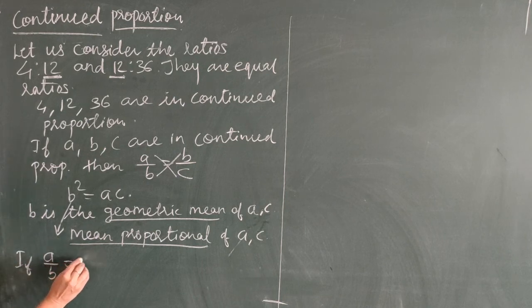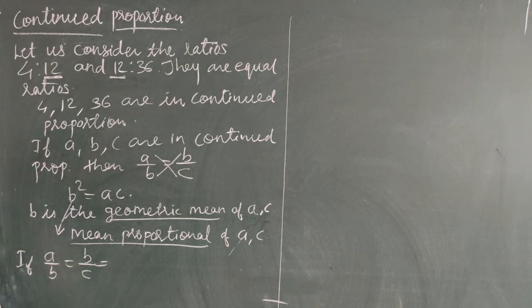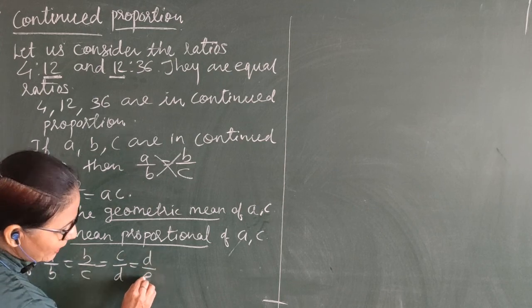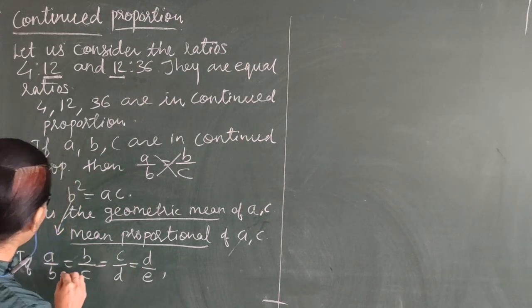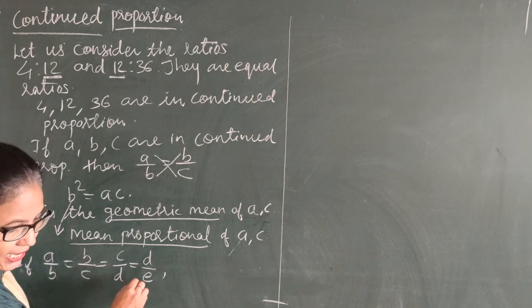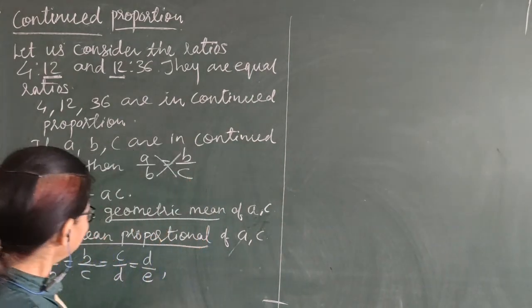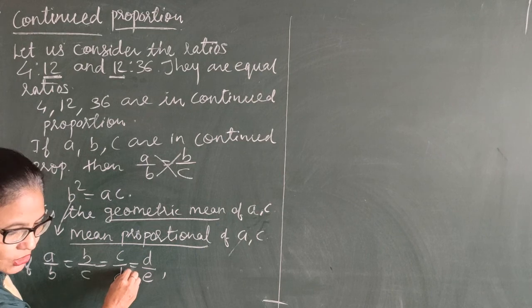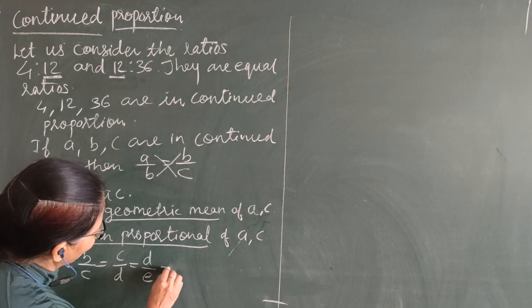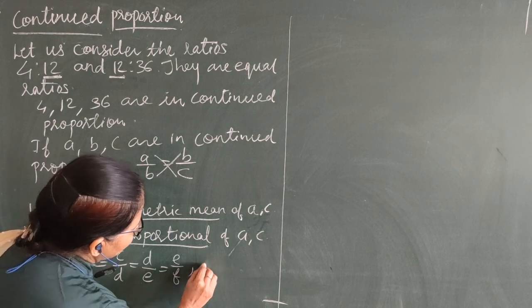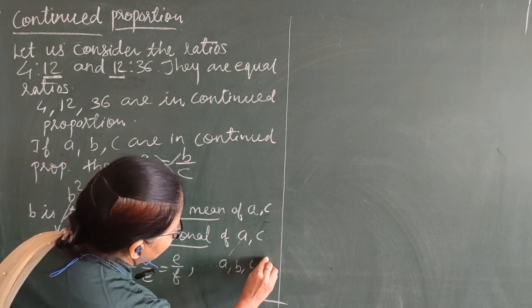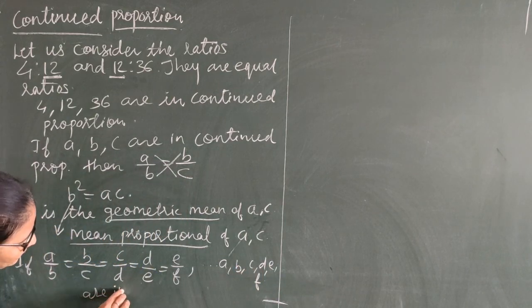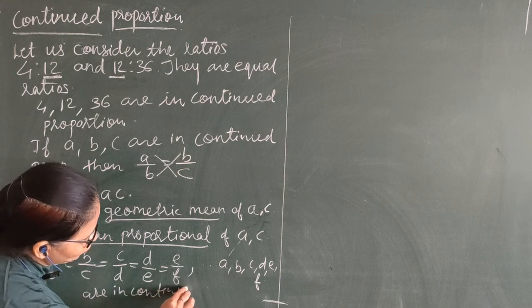If A by B is equal to B by C, is equal to C by D, is equal to D by E, is equal to E by F, it means here A, B, C, D, E and F are all in continued proportion.